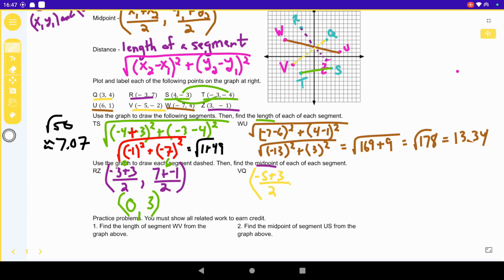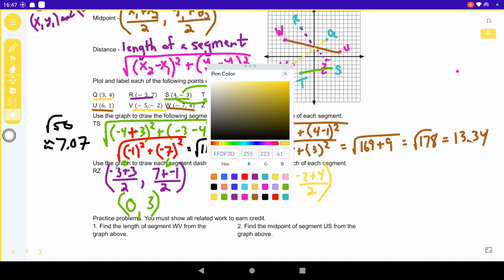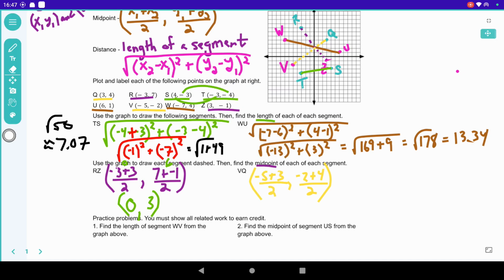And I'm going to do the same thing with the y value, so negative 2 plus 4 divided by 2. And then I'm going to do the math. So negative 5 plus 3 is negative 2, divided by 2 would be negative 1. Negative 2 plus 4 would be positive 2, divided by 2 is positive 1. So my midpoint's at negative 1, comma 1.